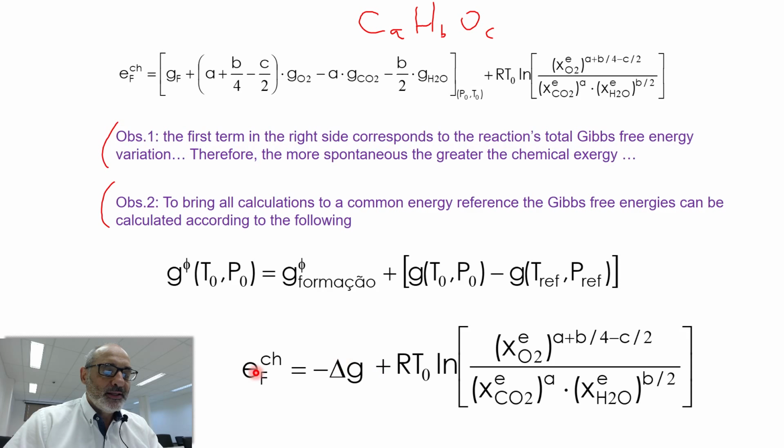So you see that the exergy content is proportional to Gibbs free energy, plus this term here that actually considers the environment, the molar composition of the formed species in the environment, and the molar concentration of the species that you need from the environment in order to react with the fuel molecule, in order to form those components, in this case CO2 and H2O.